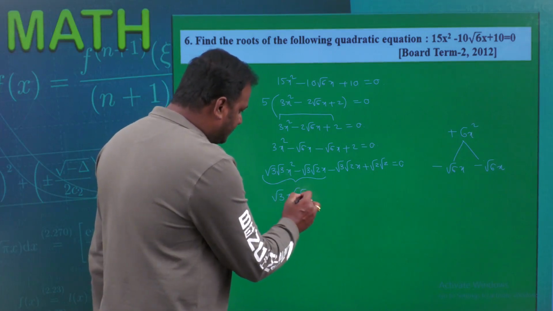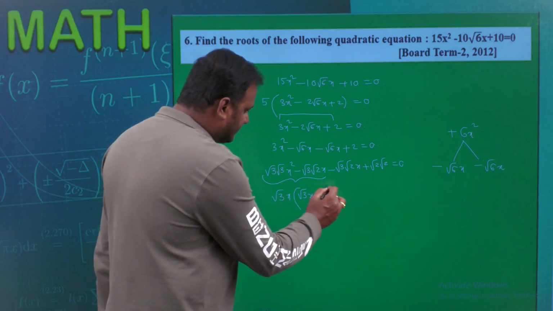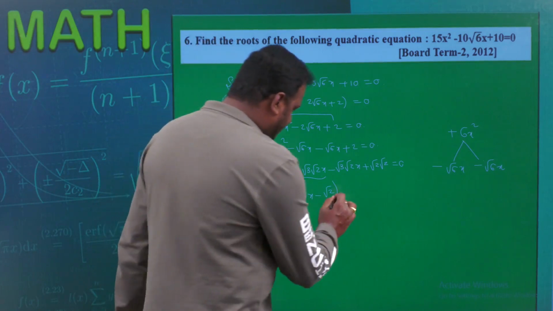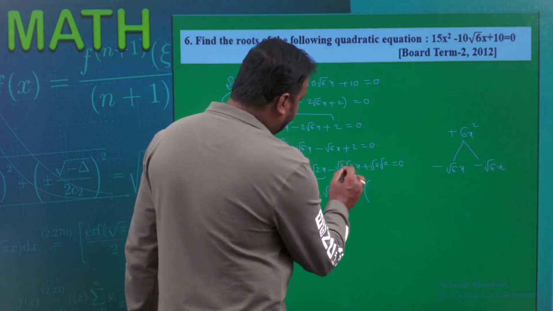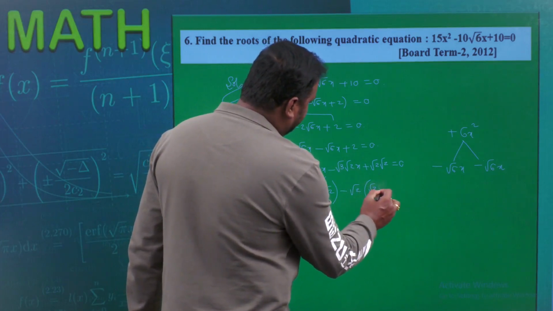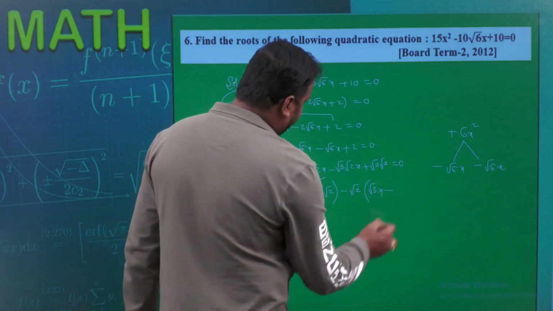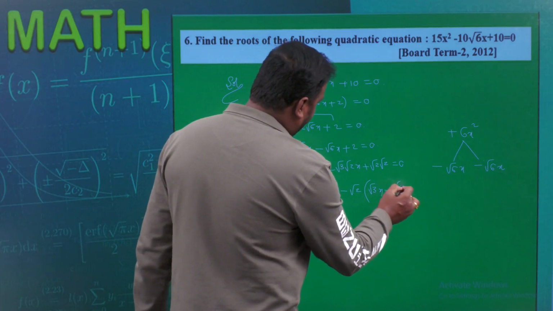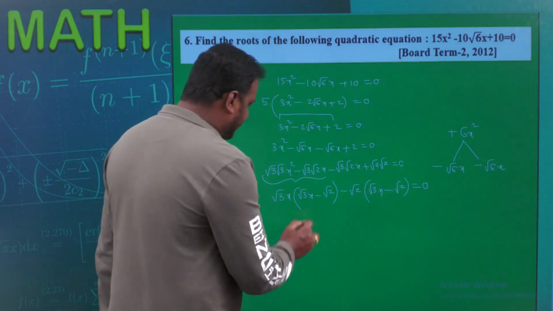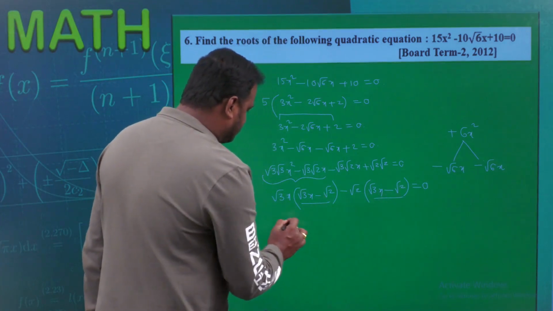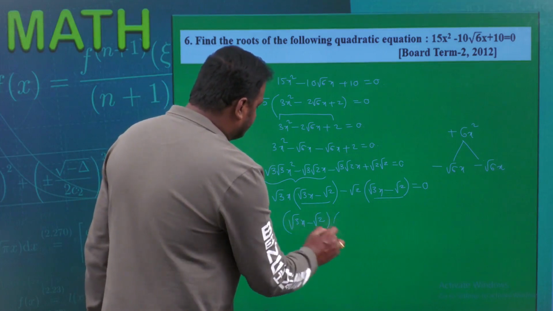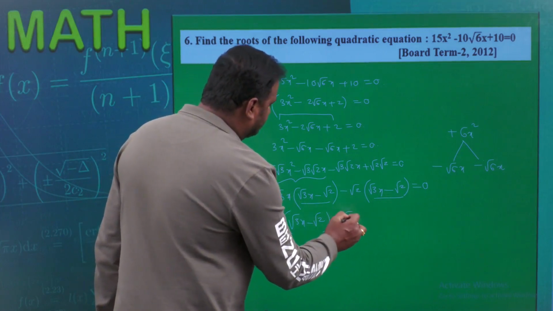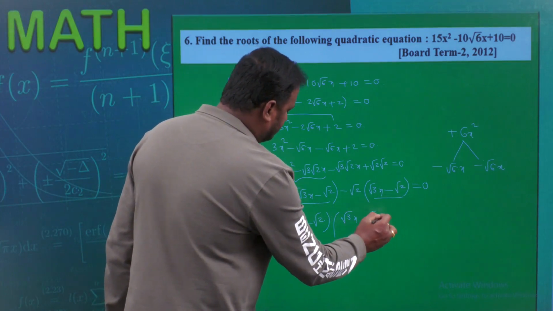Remaining one more root 3x minus root 2. Again, from these two, we can take one root 2 common. Remaining root 3x, minus is already taken, one more root 2 is there. So totally root 3x minus root 2 is one factor, into root 3x minus root 2, equal to 0.